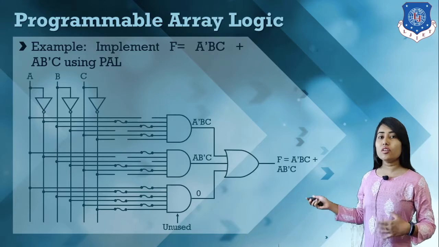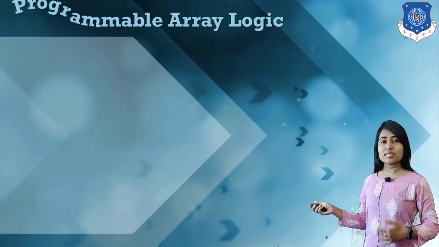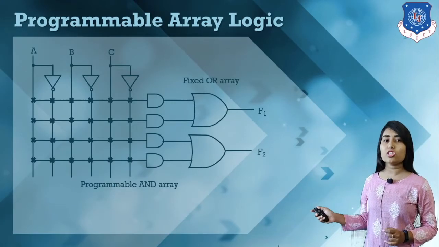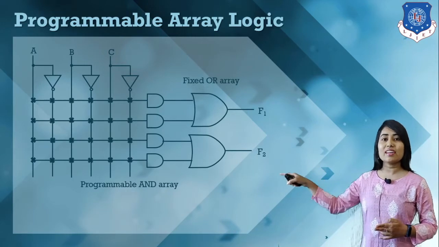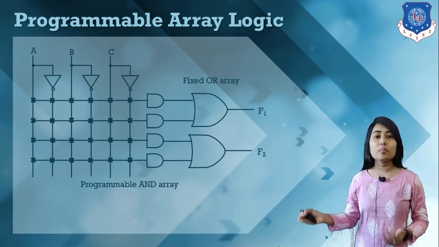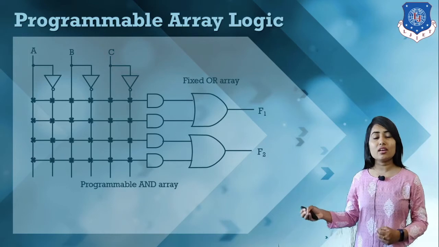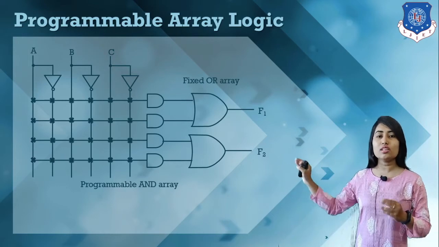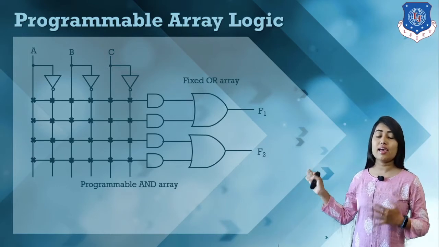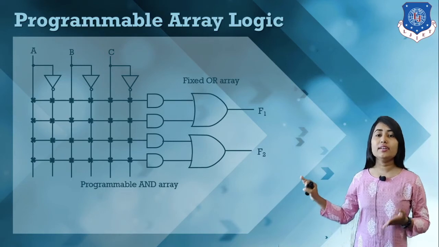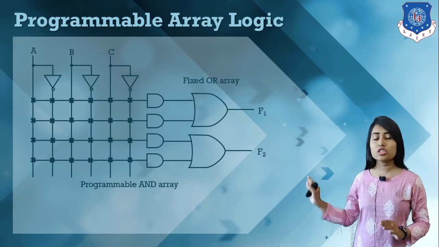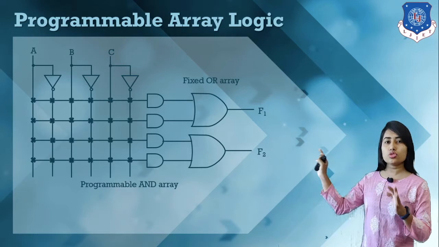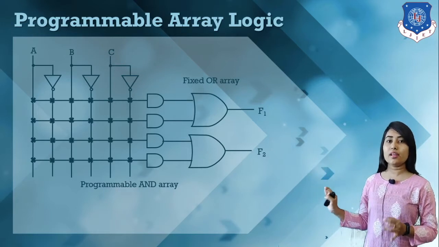Here we have another type of logic diagram for programmable array logic. We have just one connection line with a cross sign over it, and depending on our requirement we mark connections with a cross, which denotes that it is connected to the AND gate, and the other combinations are disconnected from the AND gates. So it is quite easy to draw this kind of programmable array logic diagram.